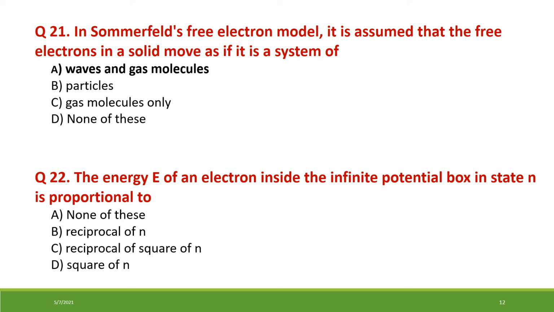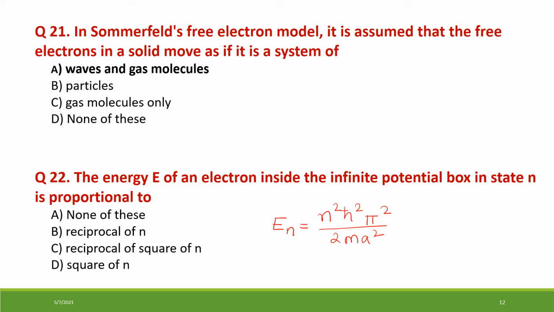We know the energy of electron inside the infinite potential box is E_n equal to n square into h cross square into pi square divided by twice m a square, where n is the state, h cross is the Planck's constant divided by 2 pi, pi is the constant, m is the mass of electron and a is the length of potential box.